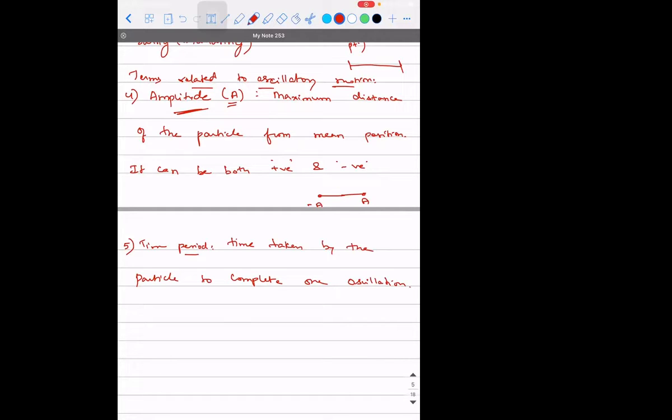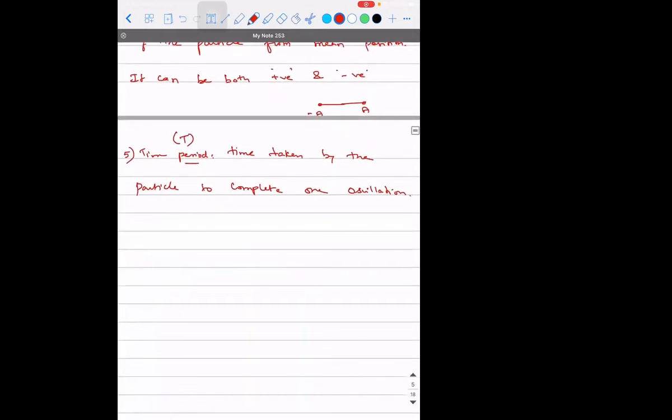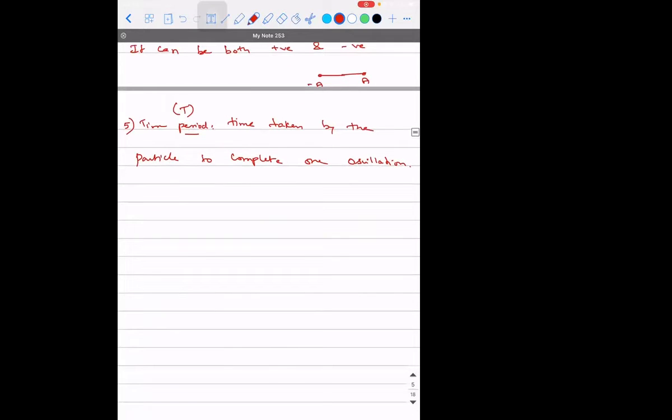Time taken by the particle to complete one oscillation is called the time period, and it is represented by the symbol capital T. Clear? Yes, sir.